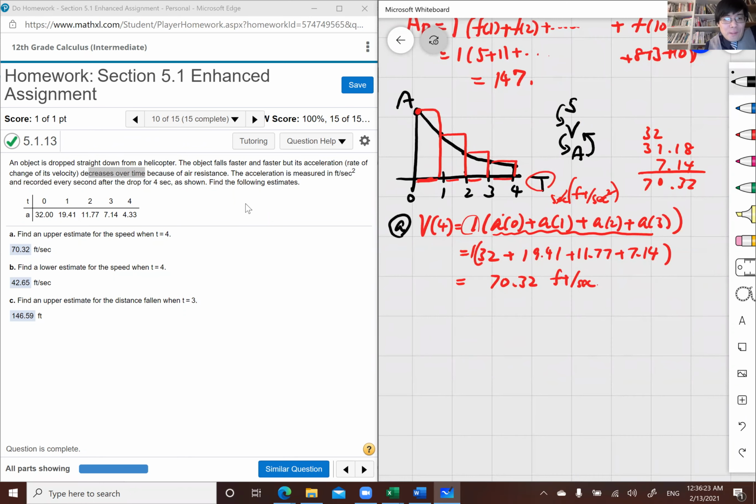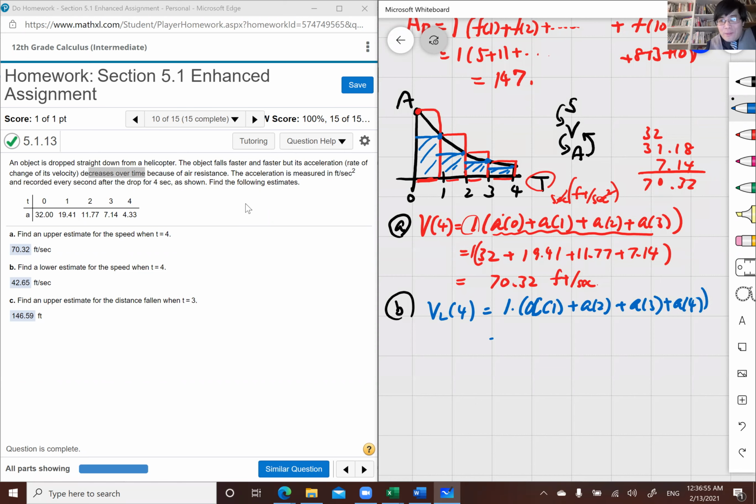Okay. To find the lower estimate, you are going to use the right point because it's decreasing. So you want to have this and this and this and this. So the lower estimate is going to be 1 times acceleration at time 1, acceleration at time 2, acceleration at time 3, and acceleration at time 4.